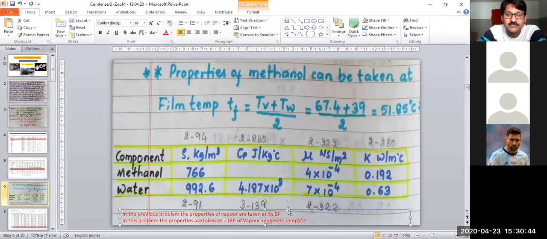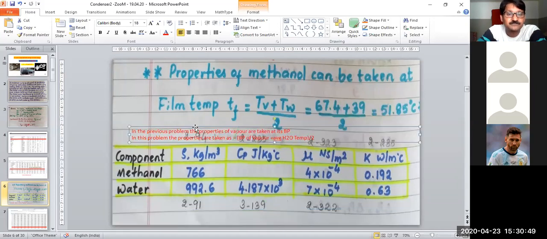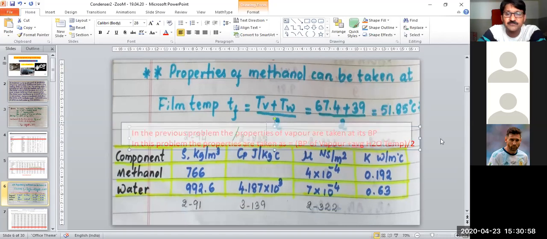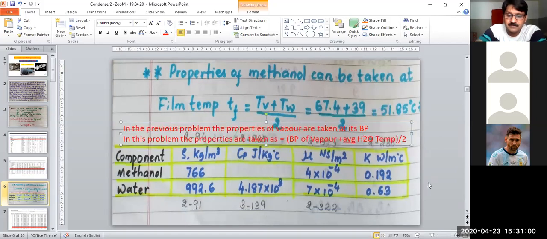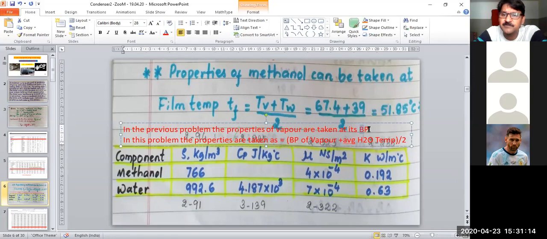So you want to do this or do that. I'll paste it here. Which one is convenient for you? I'll tell you accordingly, because you'll come across some references and then you can ask this question. So therefore I am doing it during your solution only. Is it visible to you? Yes, sir. So please refer. In the previous problem, what have we done? We have taken the property directly at the boiling point of the vapor, right?